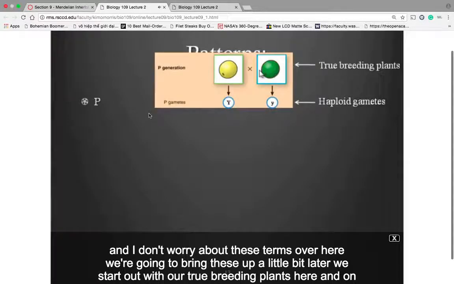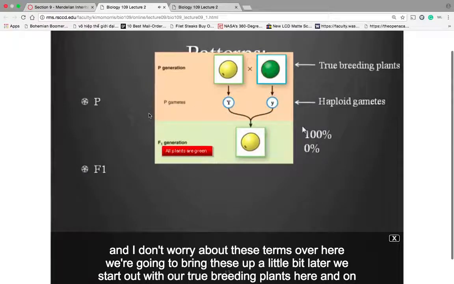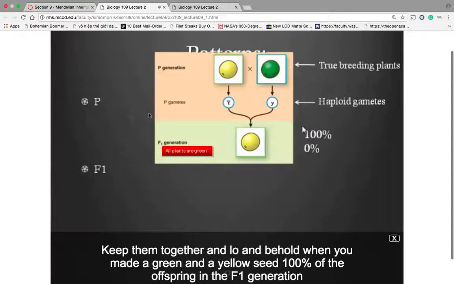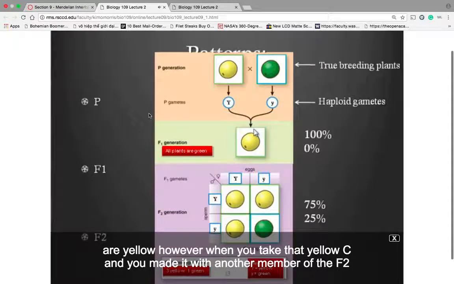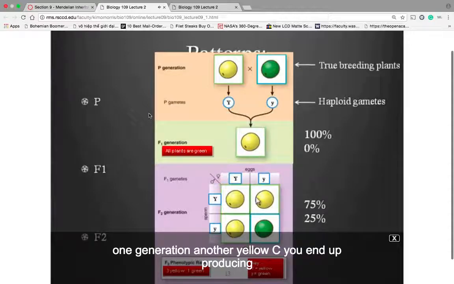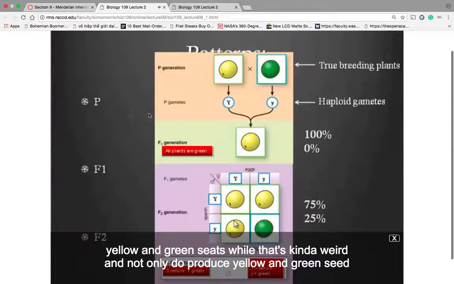We start out with our true breeding plants here, and we're then going to mate them together, and lo and behold, when you mate a green and a yellow seed, 100% of the offspring in the F1 generation are yellow. However, when you take that yellow seed and you mate it with another member of the F1 generation, another yellow seed, you end up producing yellow and green seeds.